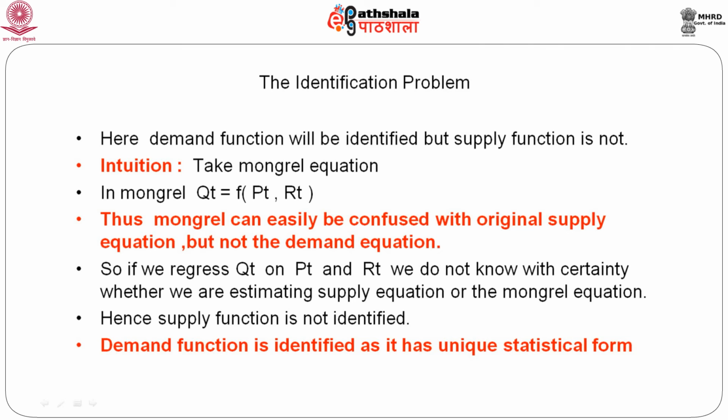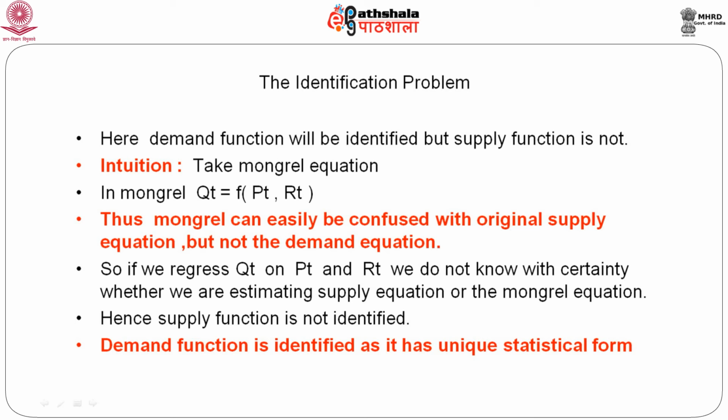So, if we regress Q on P and R_t, you do not know with certainty whether you are estimating the supply equation or the mongrel equation, hence the supply function is not identified. But you can determine the parameters of the demand function because the demand function is not confused with the mongrel equation and hence it has a unique statistical form.